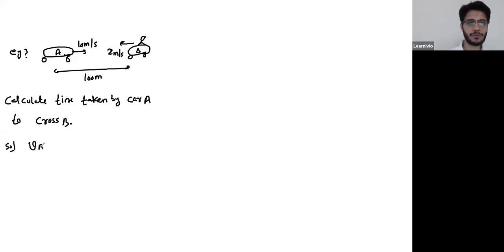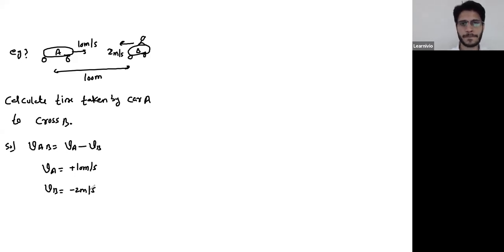When you calculate VAB, it will be VA minus VB. Your VA will be 10 and your VB will be minus 2. Okay, Fazil. Fatma, answers.